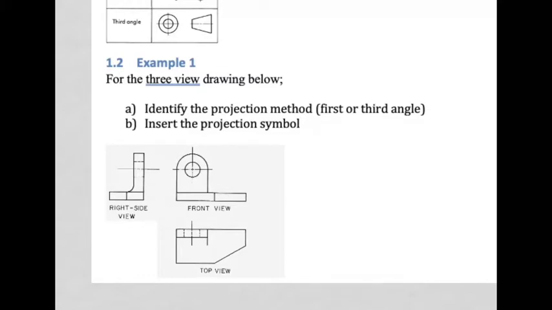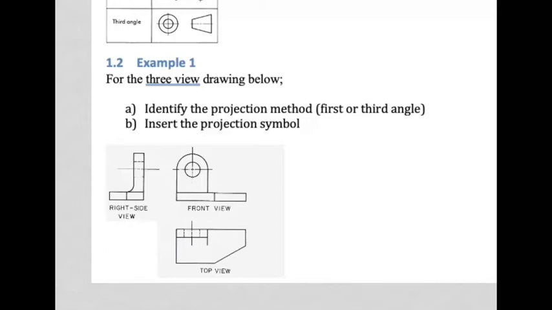Let's check with the top view. If you were to look at this object from above, in other words looking from here downwards, what would you see? Well, you would definitely see this piece sticking up, which would not be the case if you looked from below, but if you're looking from above you would see this piece, and there it is there. So this view does appear to be the top view. It is viewed from above and it is drawn below. So what I see from above, I draw below, is which type of projection?